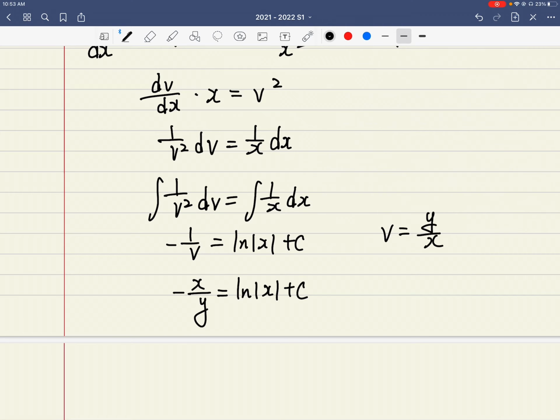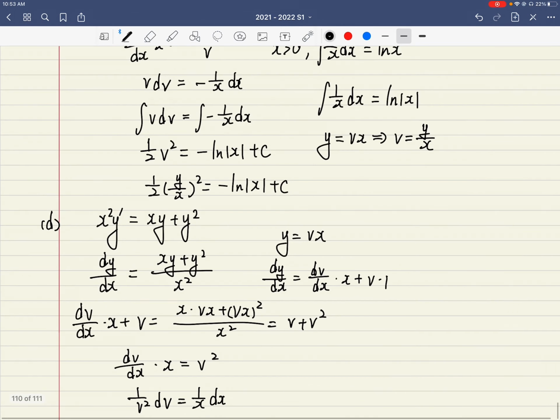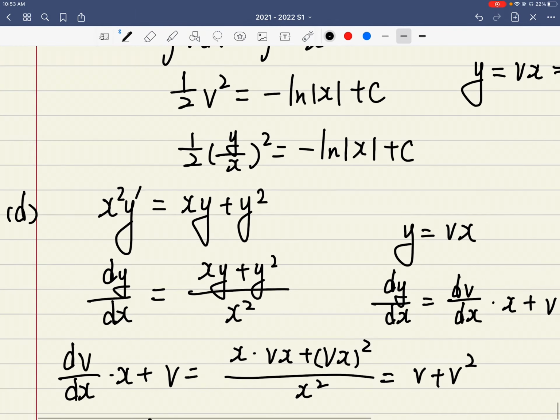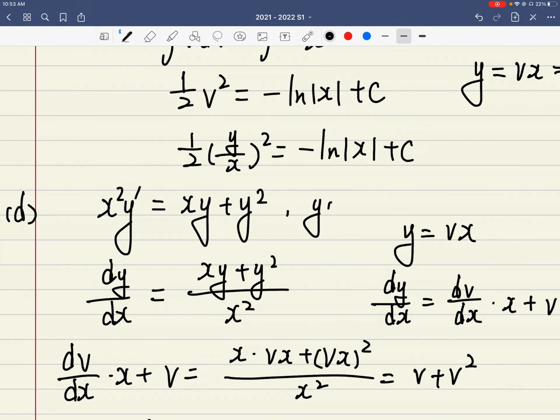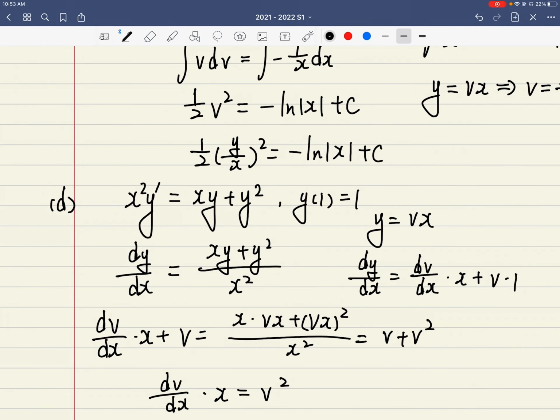Okay, and here there's one extra step than part C, because now you have an extra piece of information. The initial condition y(1) is 1. So when x is 1, y is 1.